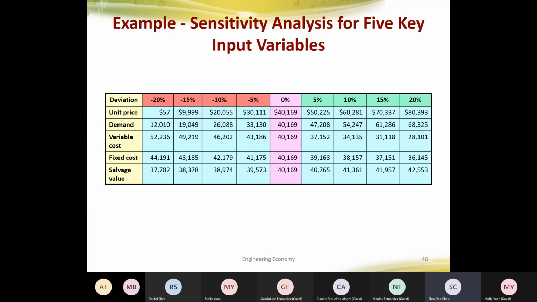So the present worth that we computed was in fact 40,169. Okay, if the estimation on unit price, demand, variable cost, fixed cost, oh, so machine price is known, but the salvage value is uncertain.